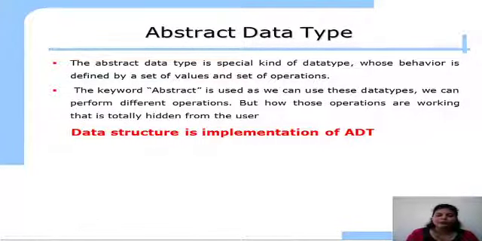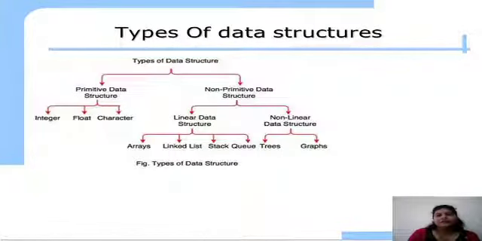You first make the prototype of the building, a small model, and from that small model you make the original building. Likewise, if you want to create a data structure, you first have to make the ADT of that data structure. It is a prototype of the data structure. So abstract data type is a special kind of data type whose behavior is defined by a set of values and a set of operations.